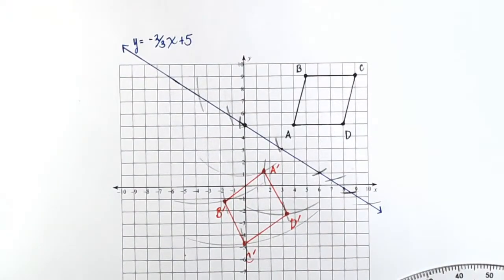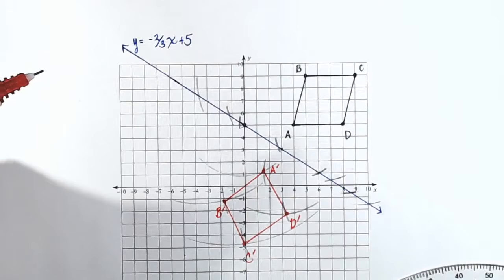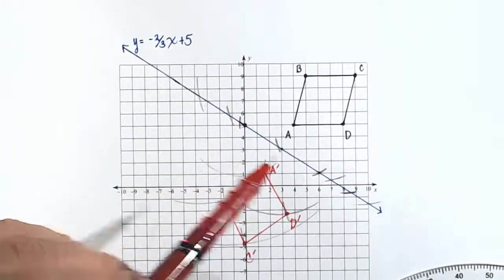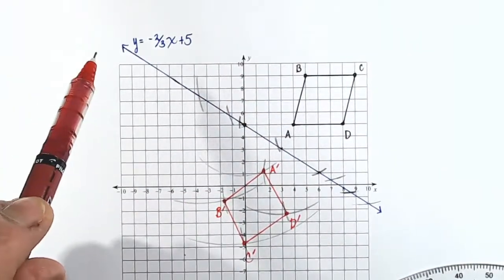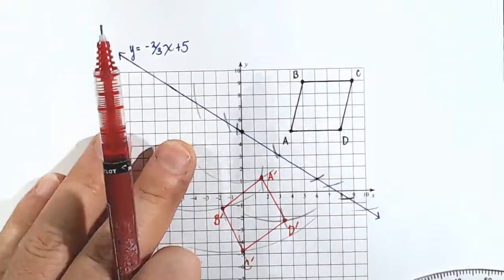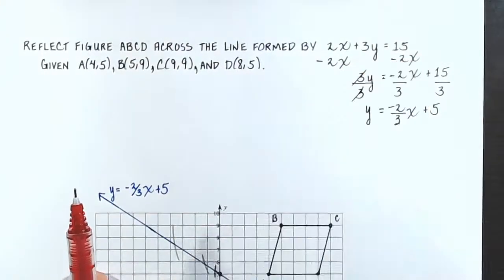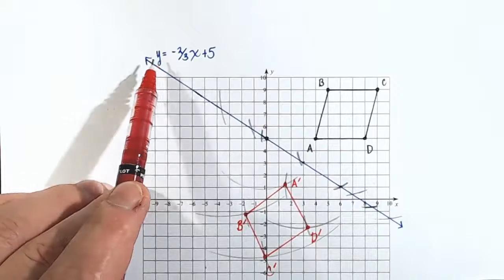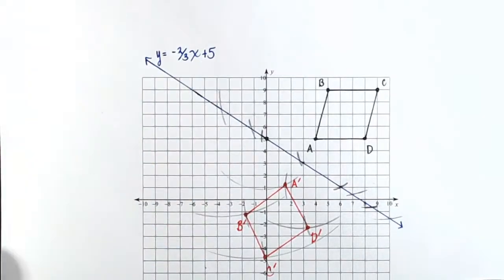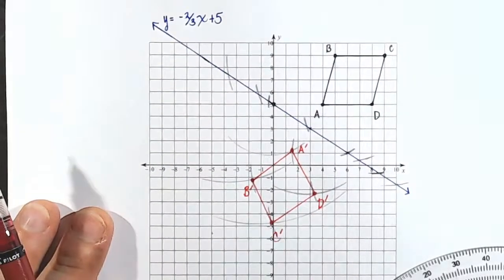So what we've done is we have reflected shape ABCD across the line formed by the equation 2x plus 3y equals 15, which we worked out to mean y equals negative 2/3 x plus 5, to achieve this shape A prime, B prime, C prime, D prime.